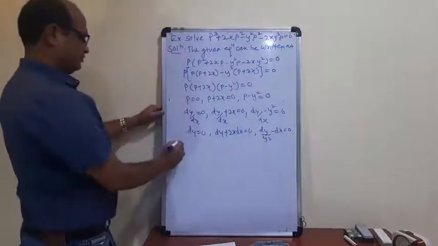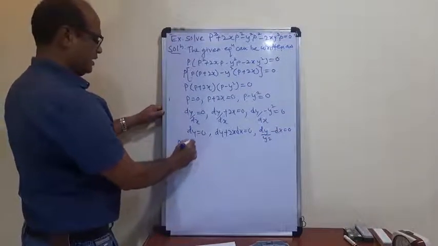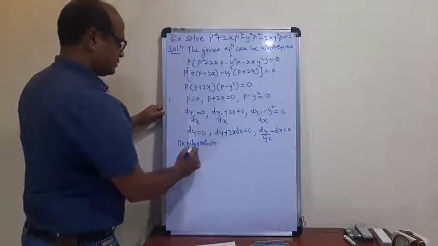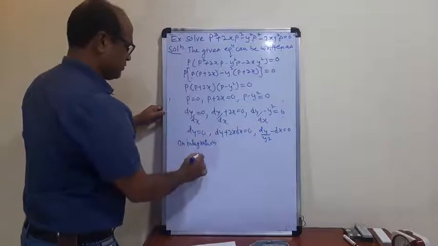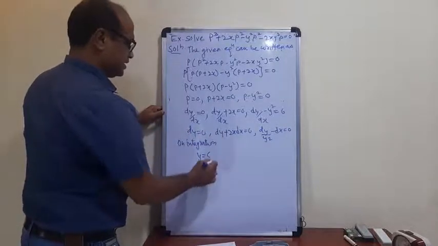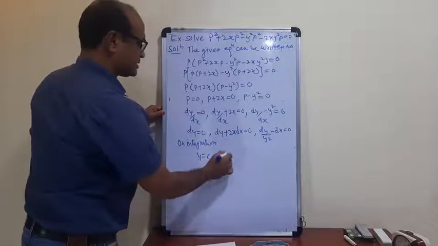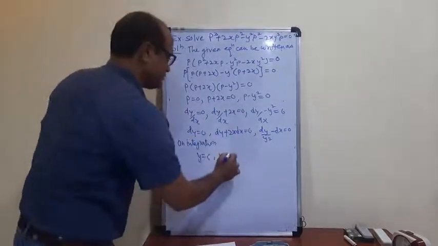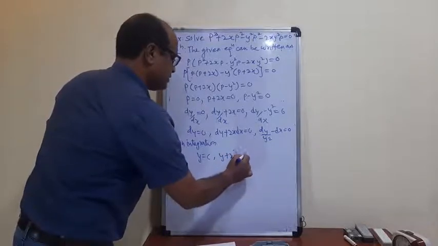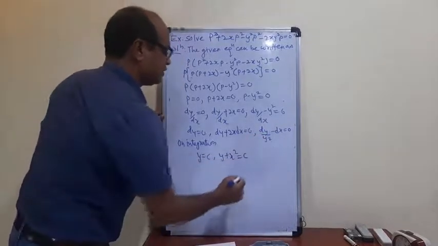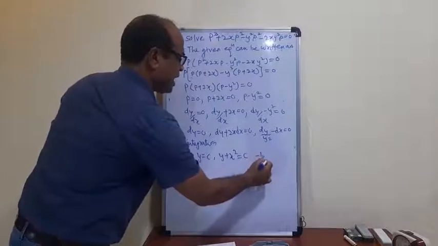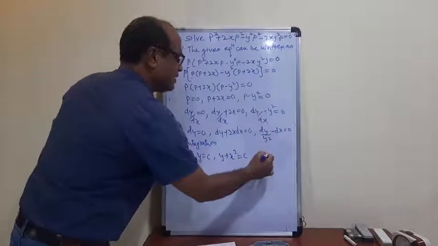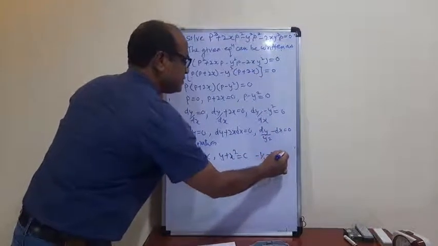So on integration, what is the integration of this? y integrating gives c. y plus x square upon 2, 2 gets cancelled, so that is y plus x square is c. And the integration of this is minus 1 upon y, since the derivative of 1 upon y is minus 1 upon y square, so its integration is this minus x is equal to c.